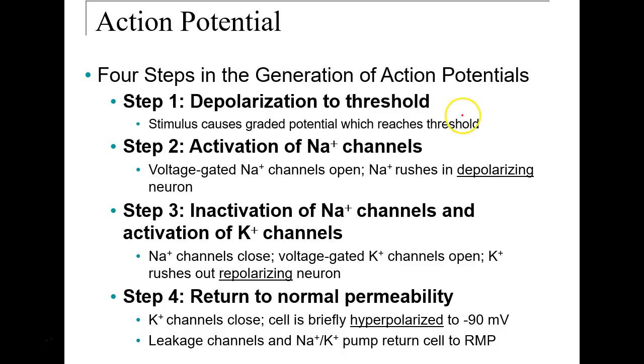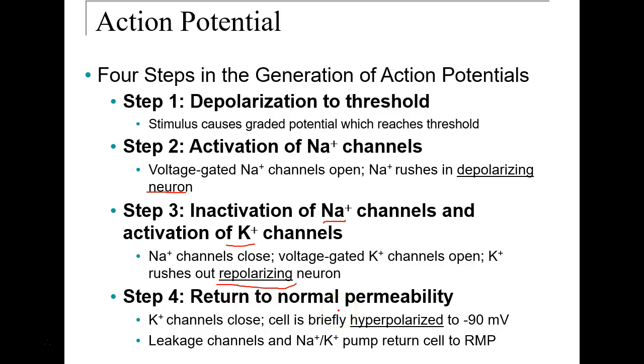Okay, so this is all laid out. Depolarization to threshold. Activation of sodium channels. So sodium moves into the cell, depolarizing the neuron. Then sodium channels shut down and potassium channels open. This will start the repolarizing phase of the neuron.